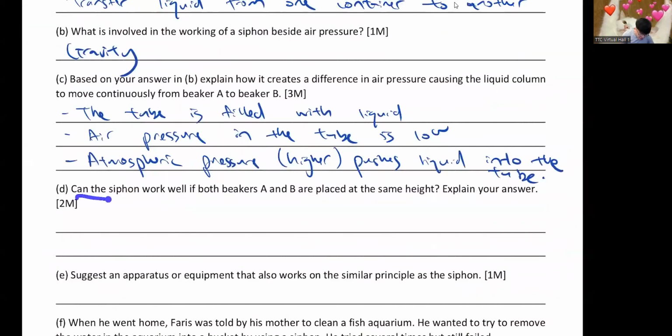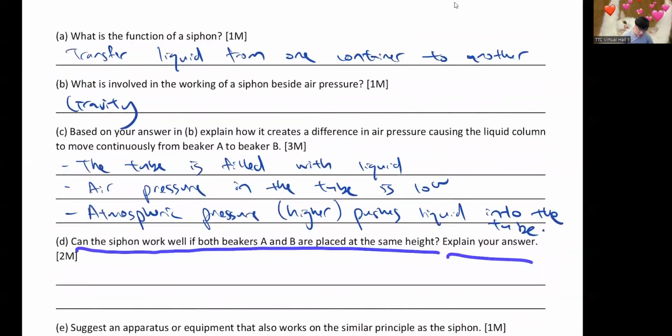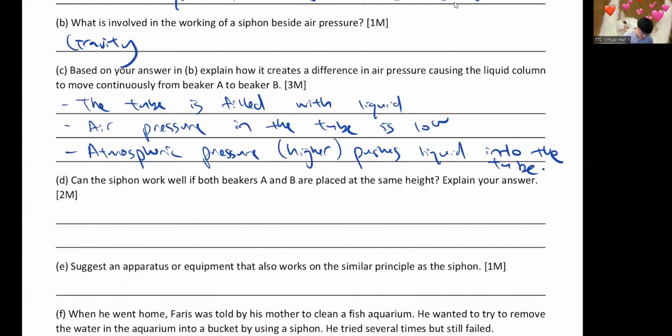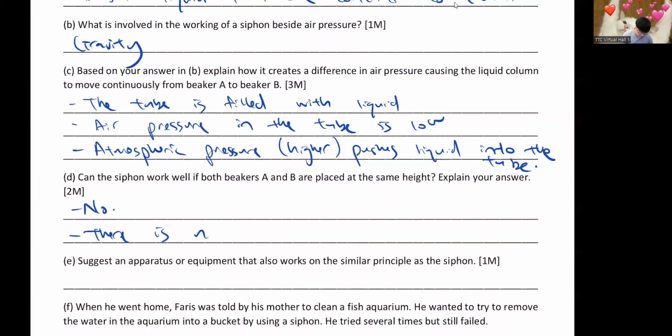Okay, so D, can the siphon work well if both beaker A and B are placed at the same height? Explain your answer. If both beakers are at the same height, this thing won't work. It's like a waterfall. If water is at the same ground, same height, will water go from A to B? No, it won't, because there is no height difference.